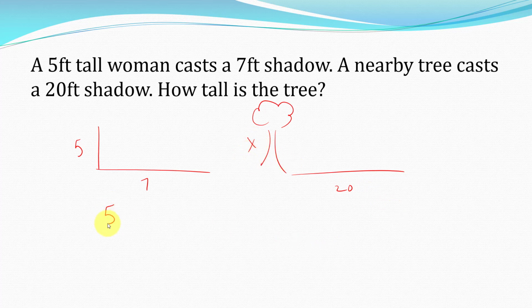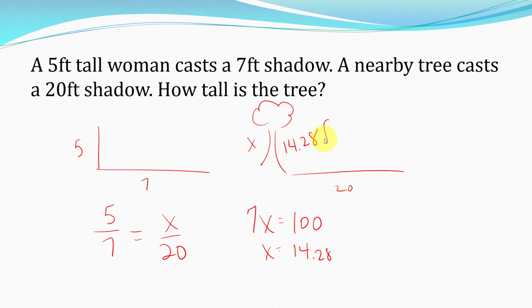All right, so 5 to 7 equals x to 20. Height to shadow equals height to shadow. And 14.28 is how tall the tree is.